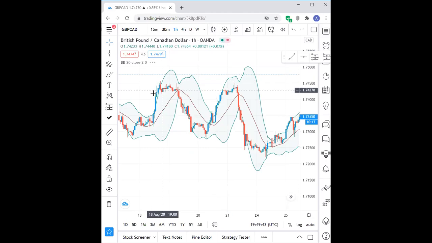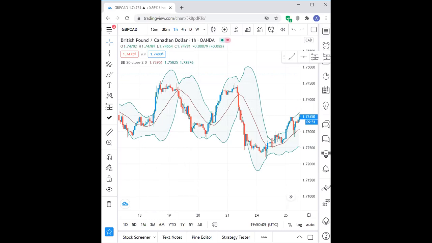These are the bands, this outer band and this outer band. And then we have this line in between, this moving average, which is a 20-day simple moving average, and two outer lines. The candles are within the bands, and the line is crossing within the bands.